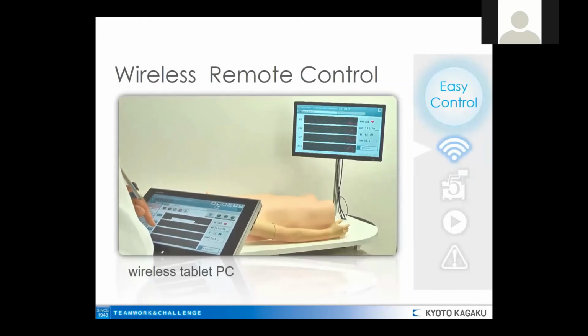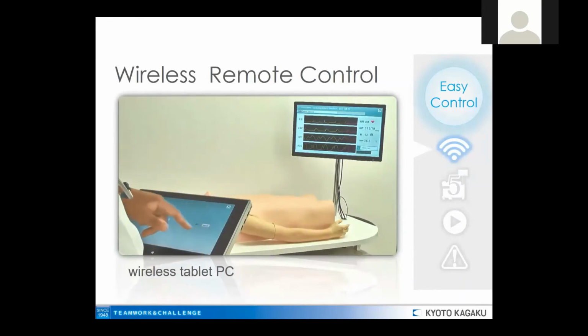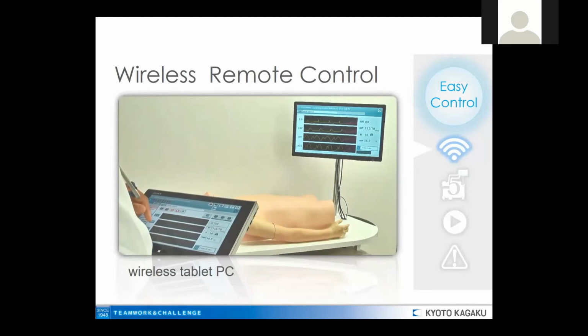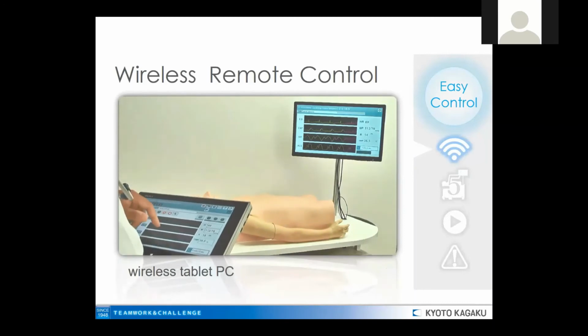It will consist of a wireless tablet, very easy to operate, and allows the teachers to change all the cases very easily, as we are looking at right now in real time, so that they can keep the session going without interruptions.